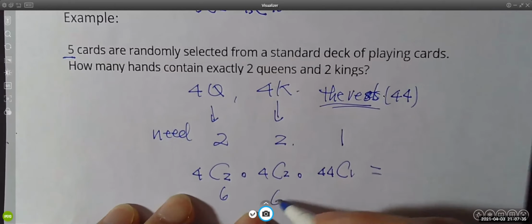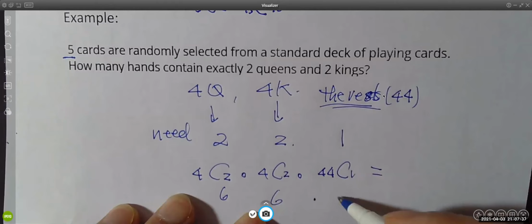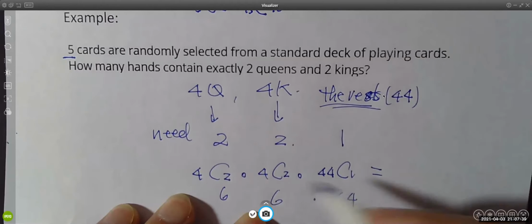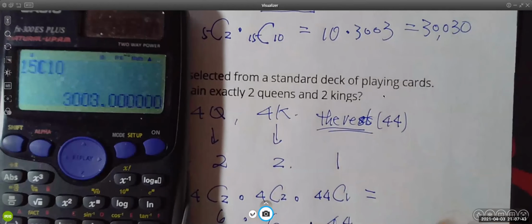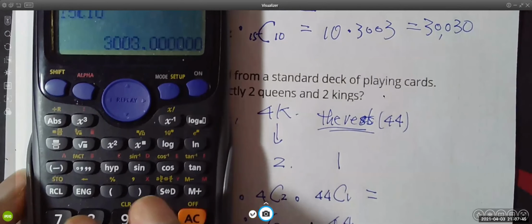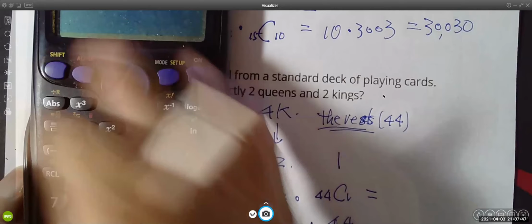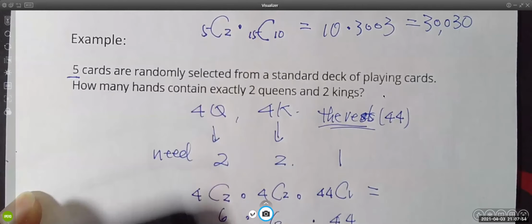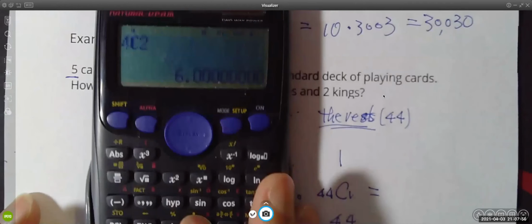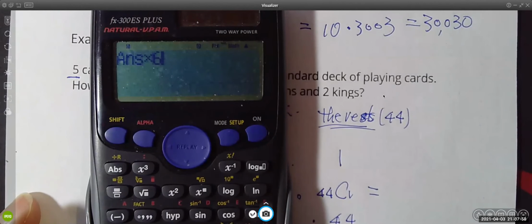Select 2 out of 4 is 6, and this is 44. So 6 times 6 times 44.